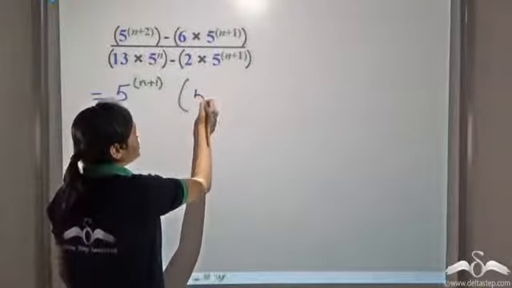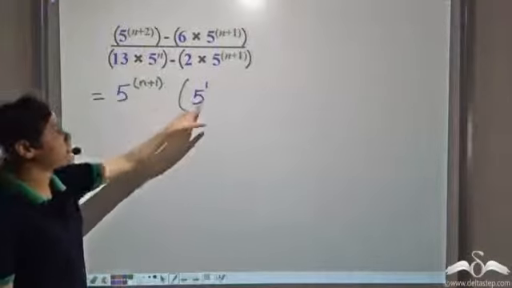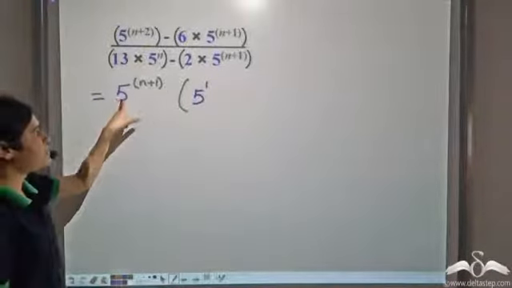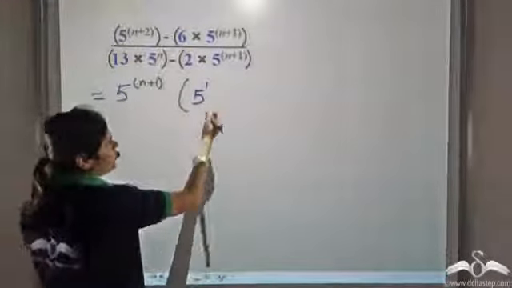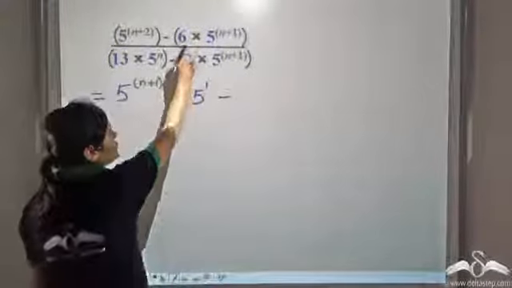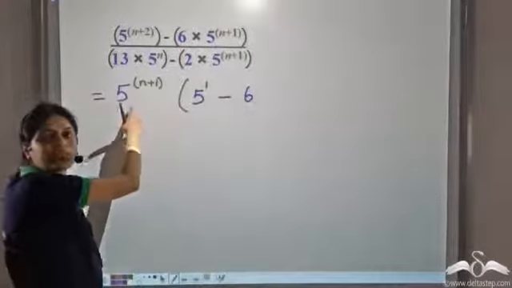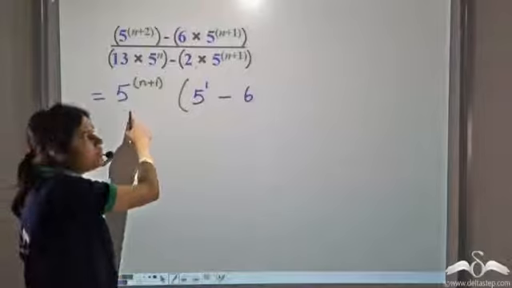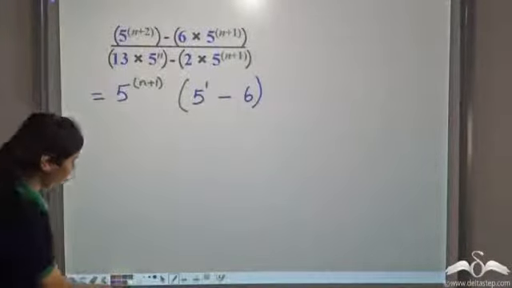So this should be 5 to the power 1, because this into this will give us 5 to the power n plus 2. Now in the second term, we have 6 into 5 to the power n plus 1, which we have already taken common. So this is what we have in the numerator.